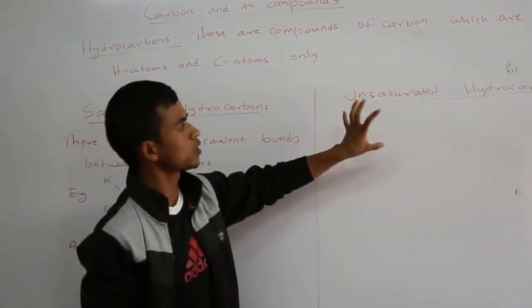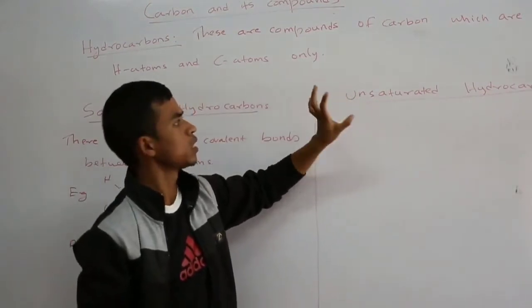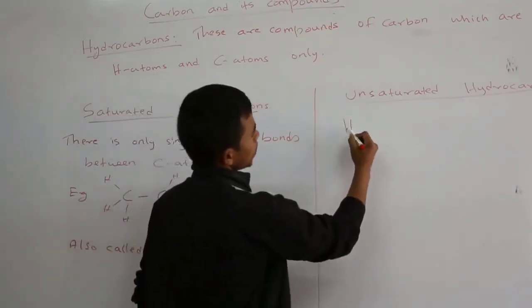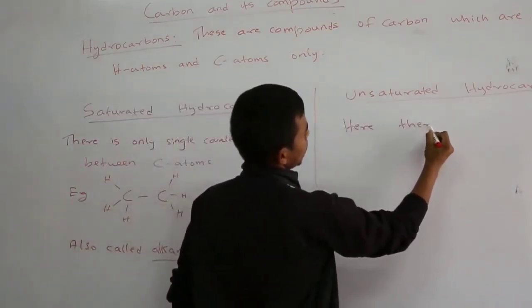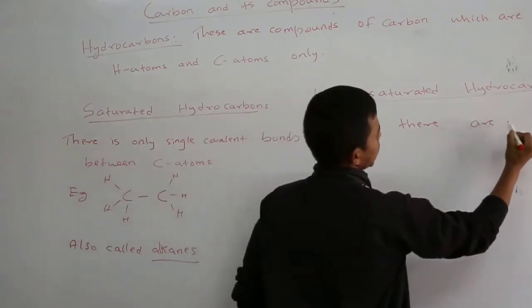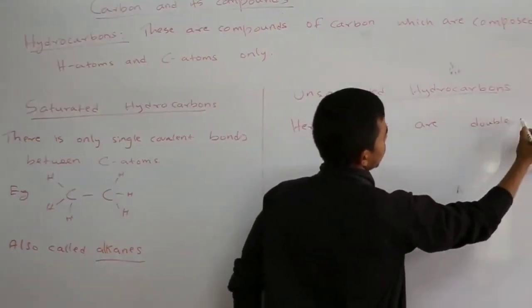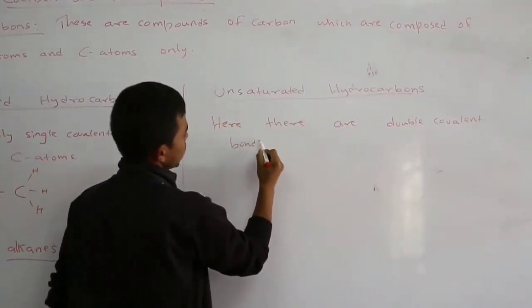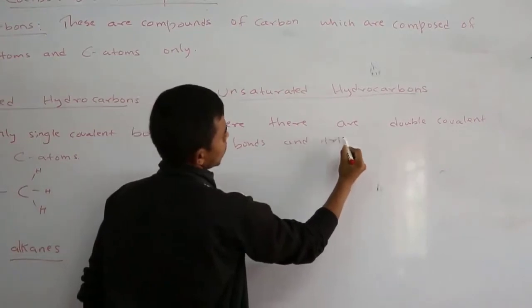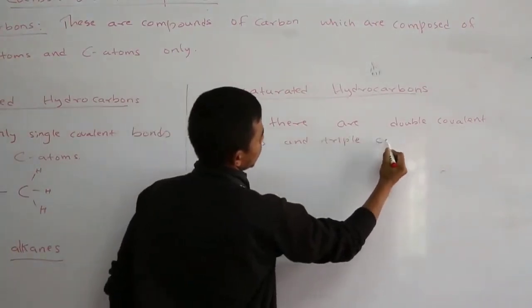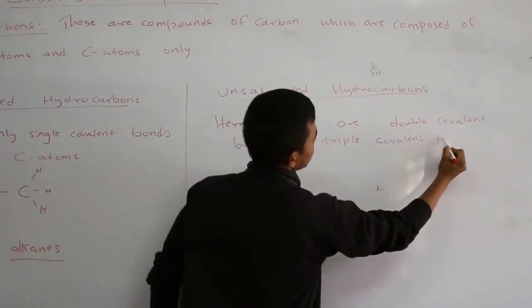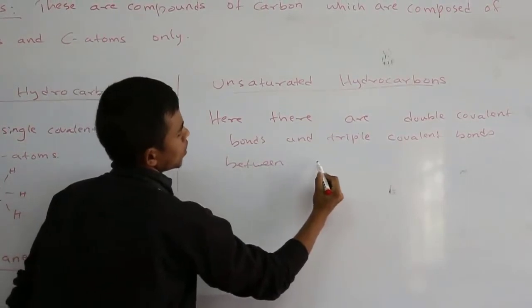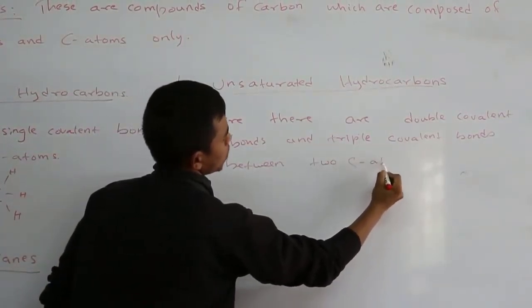But in the case of unsaturated, there exist double covalent bonds or triple covalent bonds between two carbon atoms.